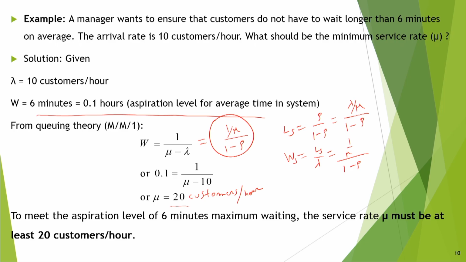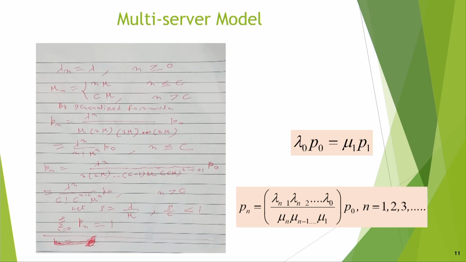Otherwise, if it is not possible by a single station, you can open multiple stations. So, let me just tell about the multi-server model. This I have taken from the book of H.A. Taha only. I am not going into too much detail, but I am telling how the multi-server model will go.